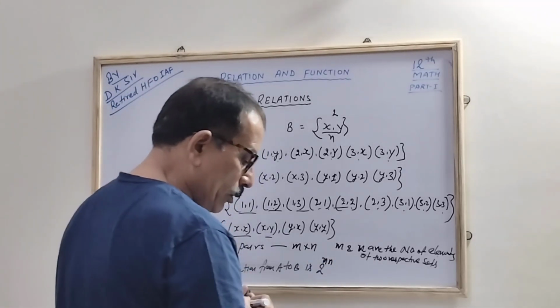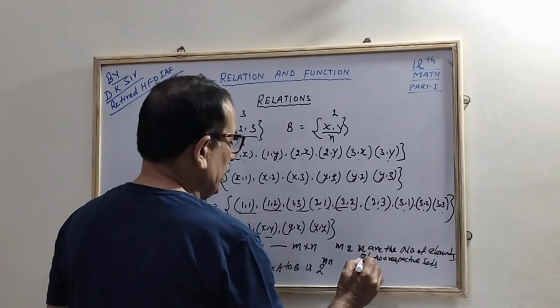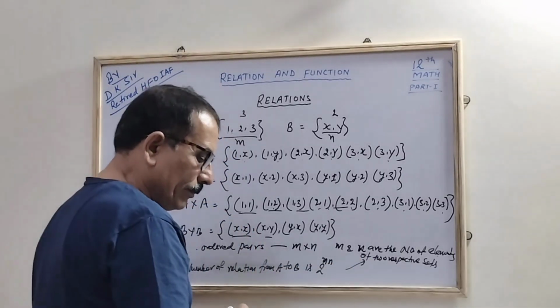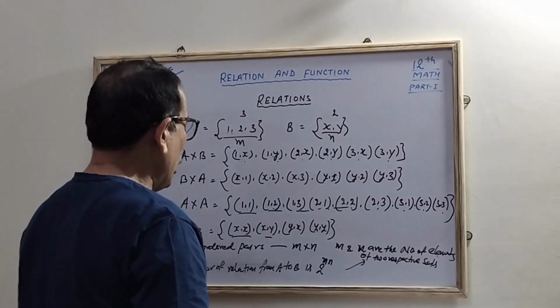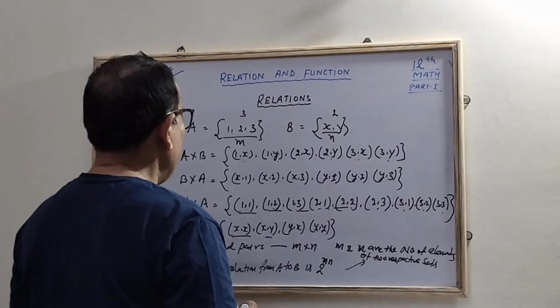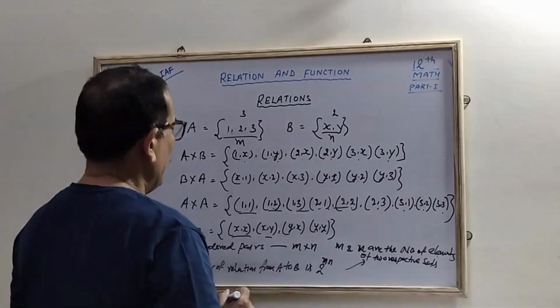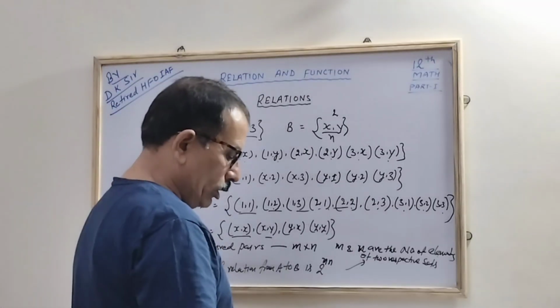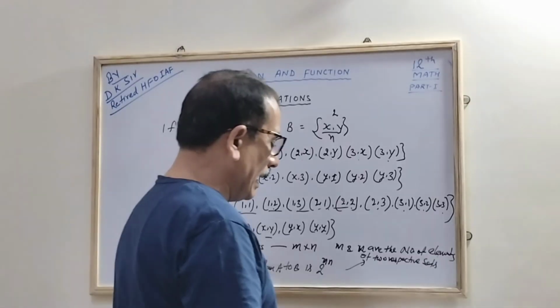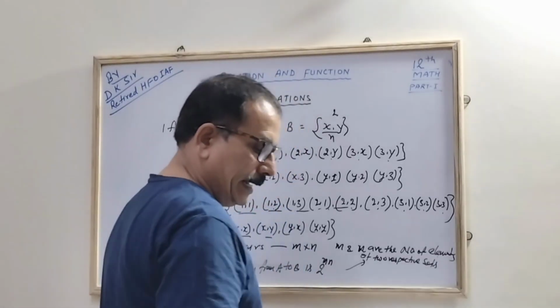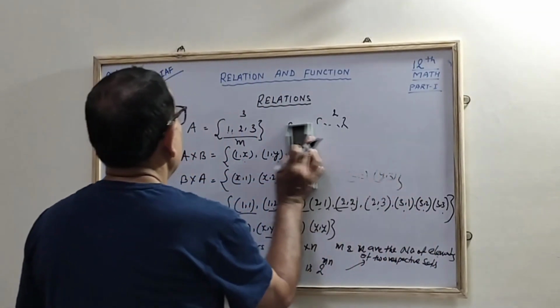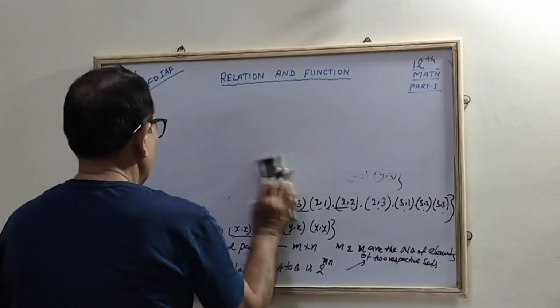The m, you know, is the number of elements, we know it, and n is this one, correct? So we can come to know how many will be there: 2 to the power m into n. Now the next term we will explain is the domain.